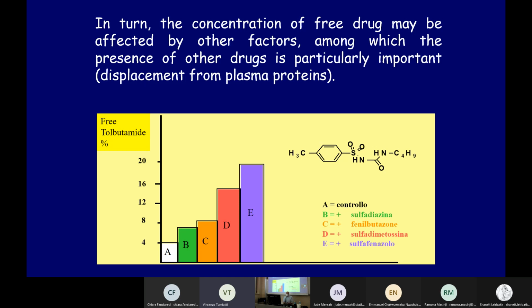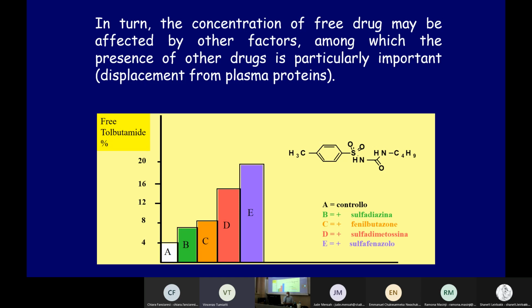You know that it is important to maintain a normal concentration of sugar in the blood. If the sugar has a highest concentration or a lowest concentration, you can have problems with the CNS, coma, and death.